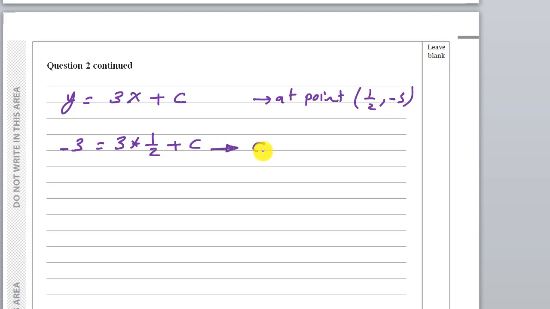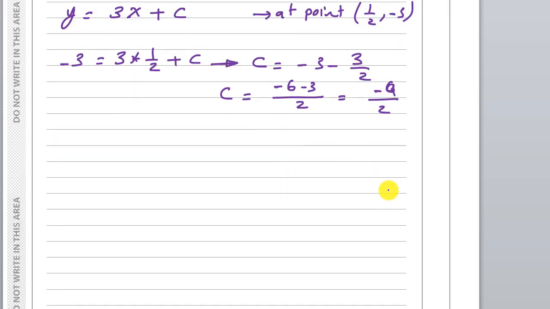So from here, c is equal to -3 minus 3 over 2. So c is equal to (-6 - 3) over 2, so -9 over 2. So now the equation of the line is y equals 3x minus 9 over 2.